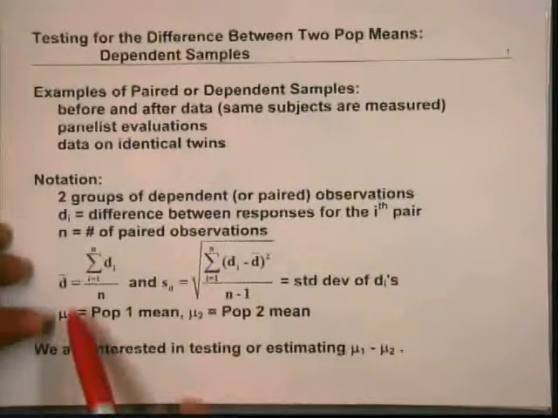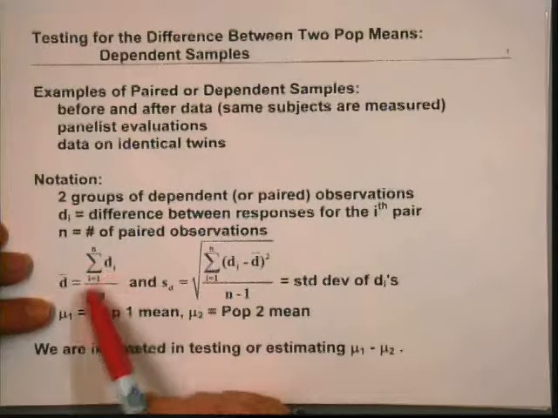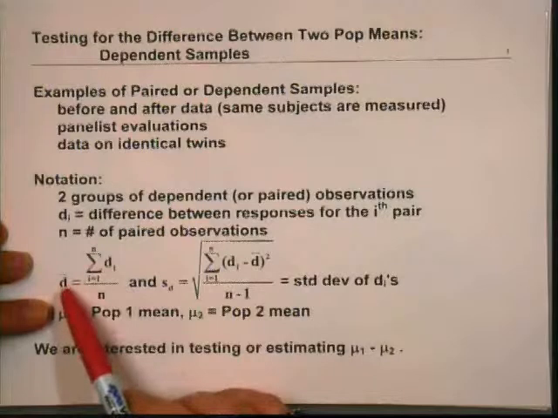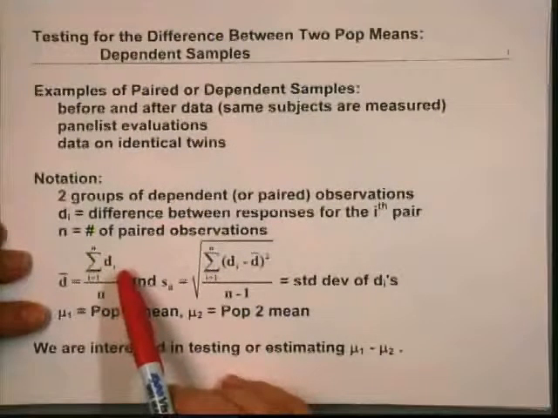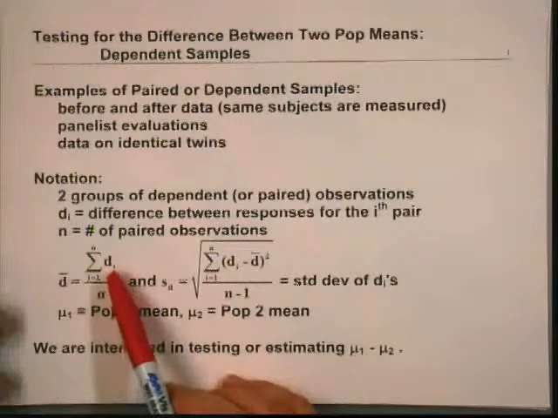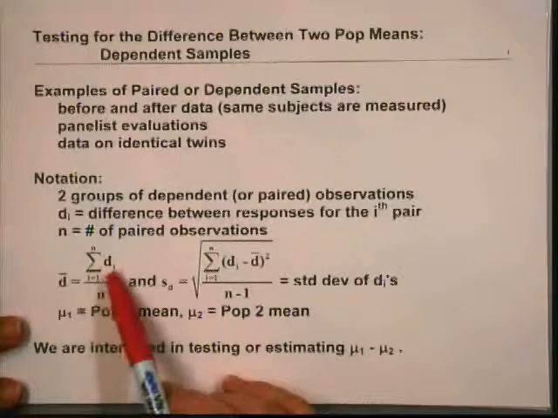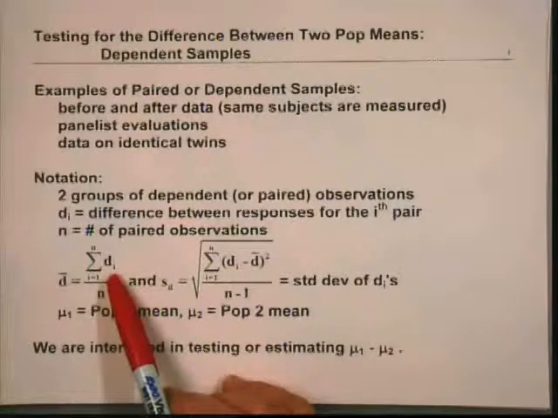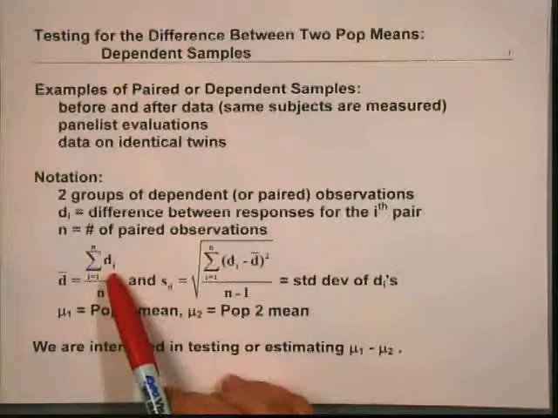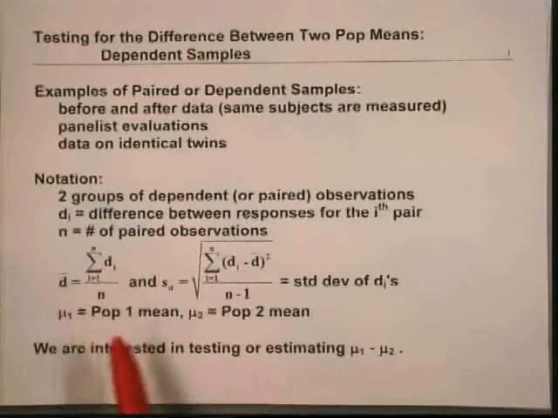I can compute the average difference that we observe, and we call this D bar. Some textbooks may use an uppercase D. So D sub i is the difference between group 1 and group 2, and then we average all those differences up. These values for D sub i can be positive or negative, even if your original data is all positive, or all negative. So D sub i can be either one.